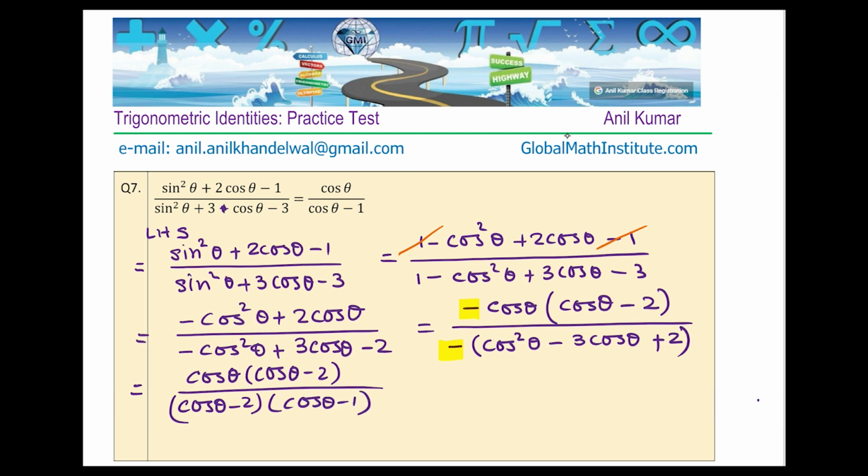So now the common factor cosθ minus 2 can be cancelled. So we get what is required given in the right hand side as cosθ over cosθ minus 1. Perfect. So that is the solution for question number 7.